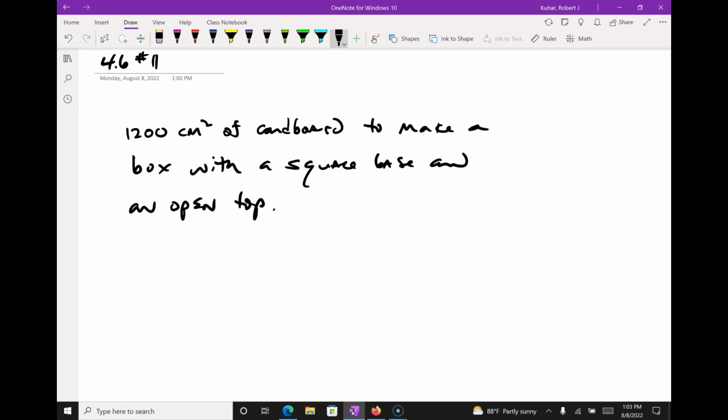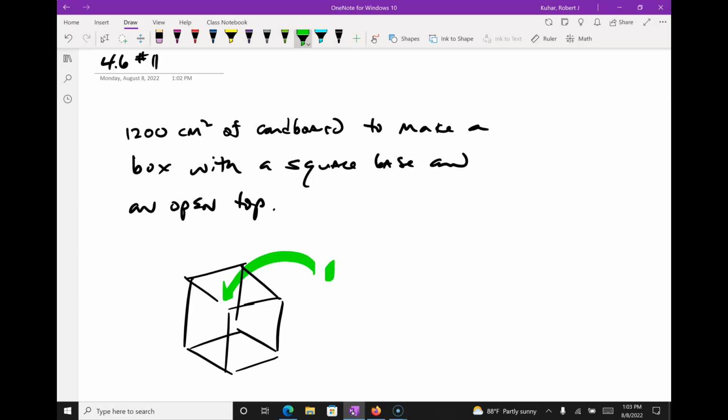So already I can draw a picture here. I've got a square base, and the top is open, right? So that's open. Everything else is solid. The base is solid, the sides are solid, but the top is open.